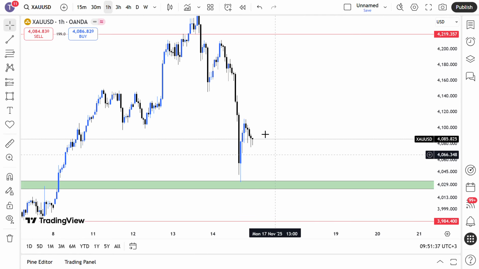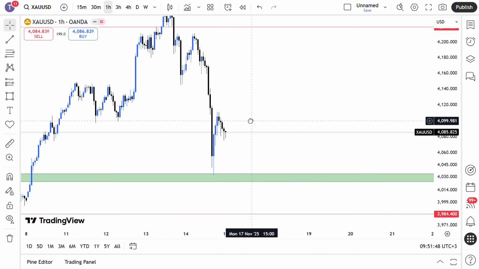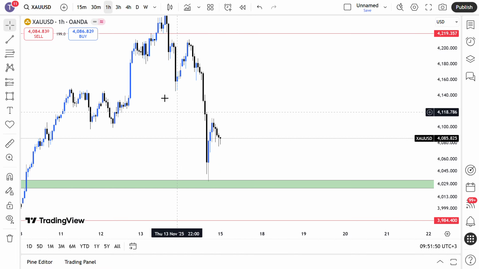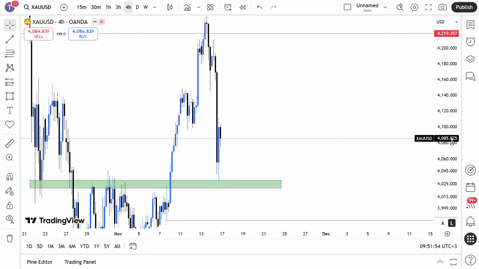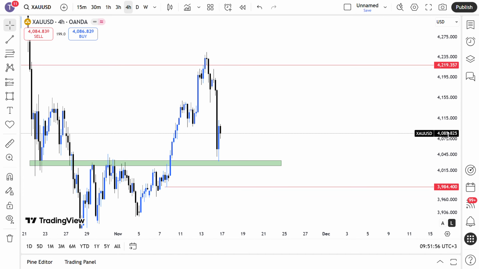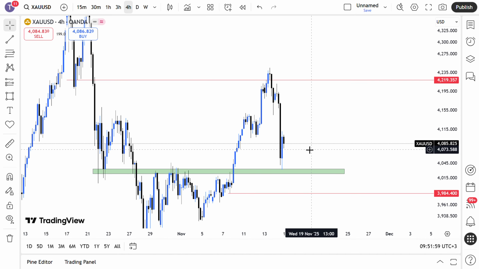So I need to see what the price will be doing in this area because right now I do not have a clear point of interest. As you can see clearly, there is no good point of interest for us to take any trade from. So I need to see what the price will be doing in this area before we make any more judgment for us to look for more buys to the upside.